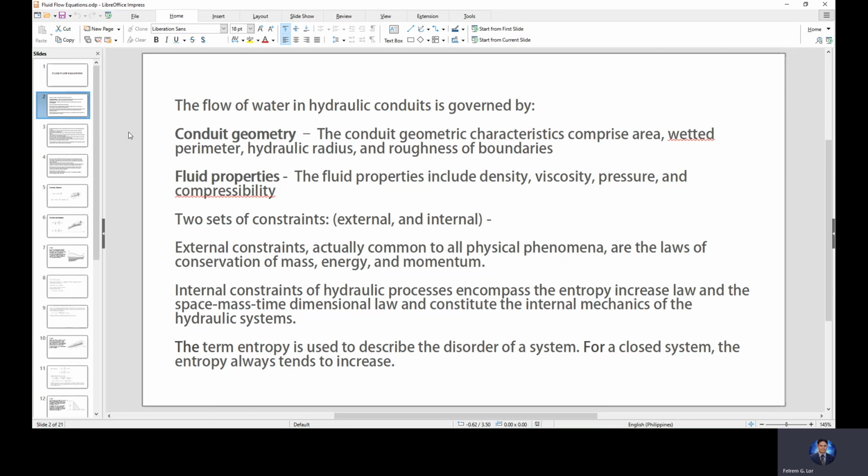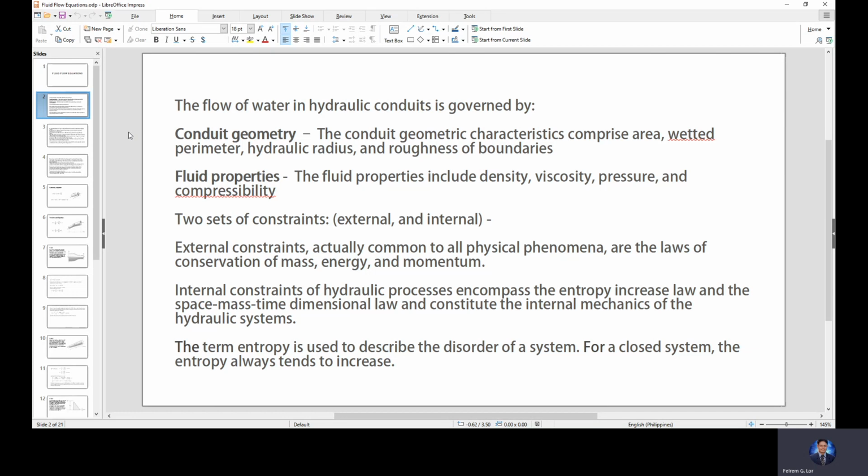We also have tackled the fluid properties. It includes the density, viscosity, pressure, and compressibility of fluid. We have discussed that one already, one of the first topics in this course.